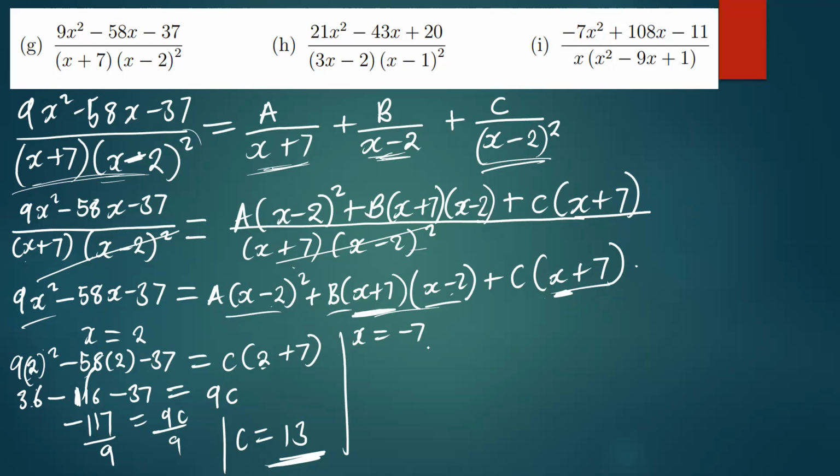So if I put -7 where there's x, if I say let x be equal to -7, here I'm going to have a 0, there I'm going to have a 0, 0 times this and that will still be a 0. So I'm just going to remain with that part. This side, if I replace x with -7, I'm going to have 9 times -7 squared, minus 58 times -7, then minus 37. Then we're saying this is equal to, this side, when we put -7 where there's x, we're going to have a outside, then -7 minus 2, then squared.